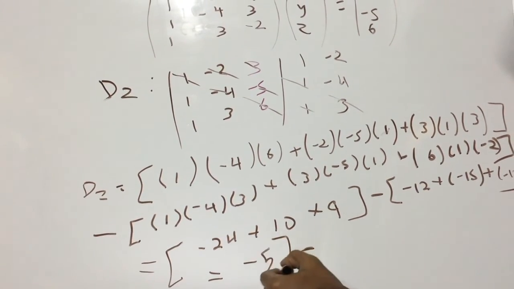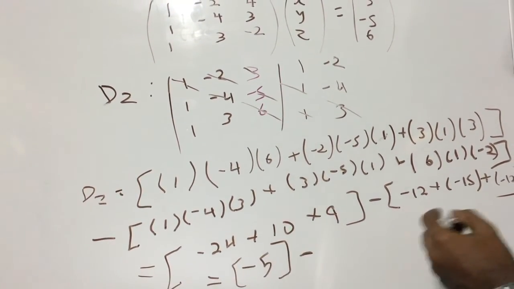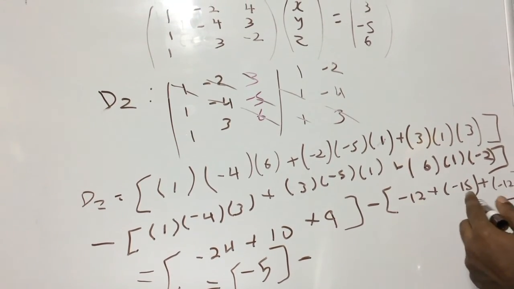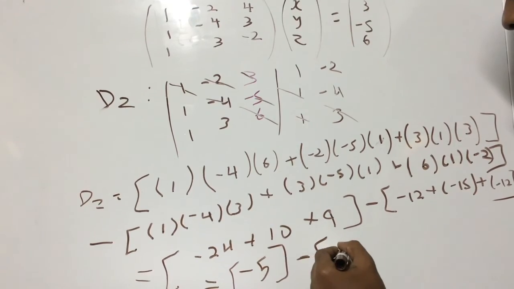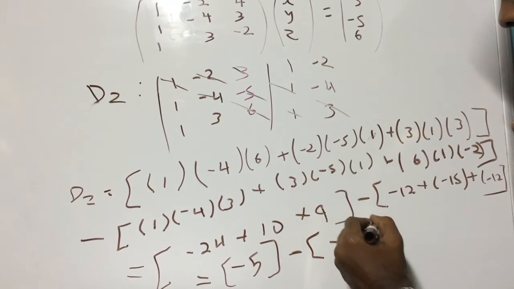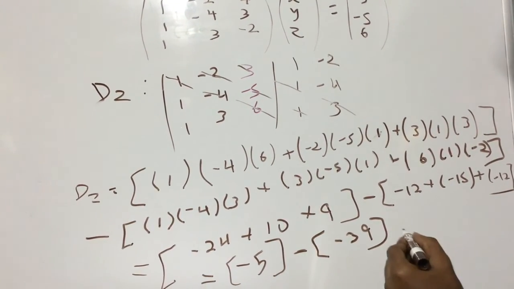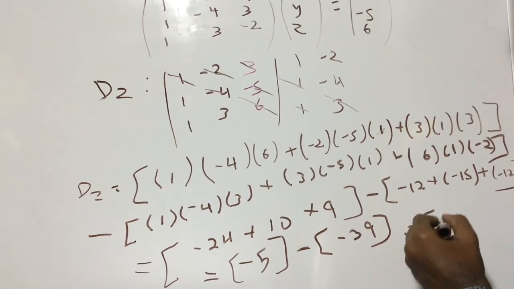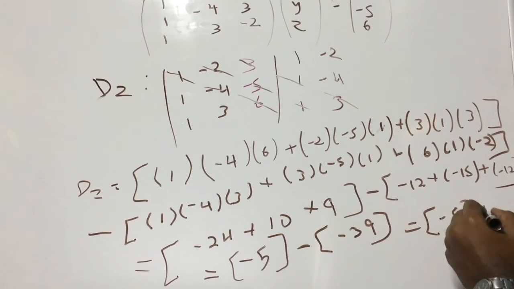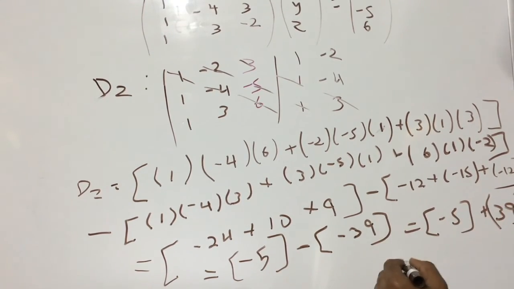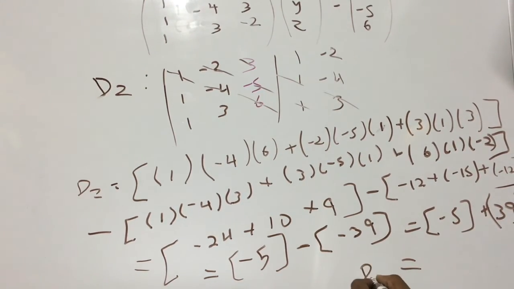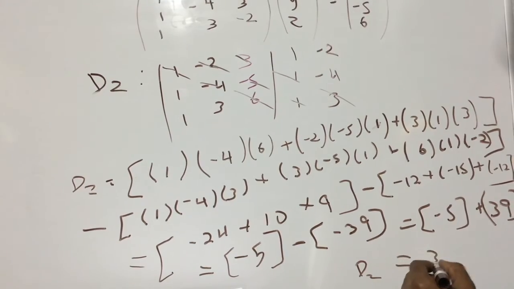Minus 12 minus 15 minus 12, which is minus 39. We have a minus sign outside, so that makes it a positive sign, plus 39. And we know that Dz is found to be positive 34.